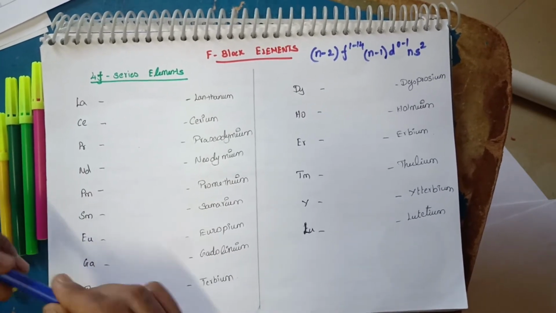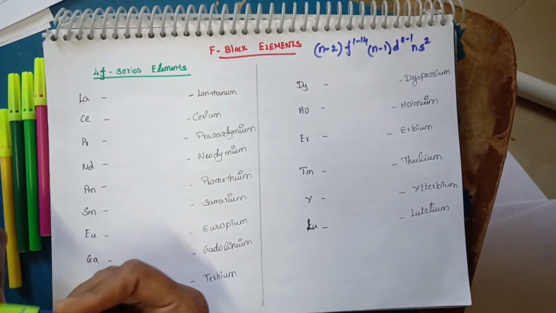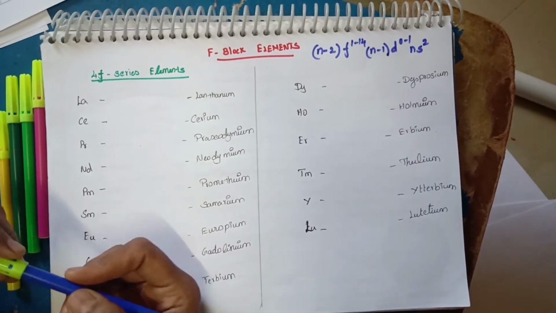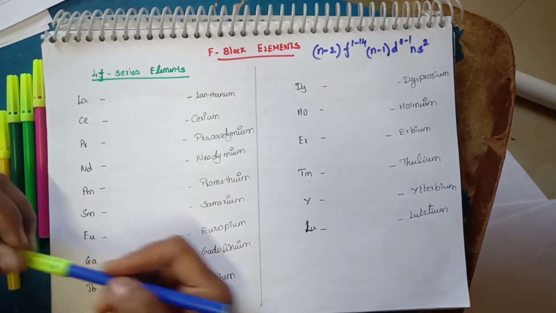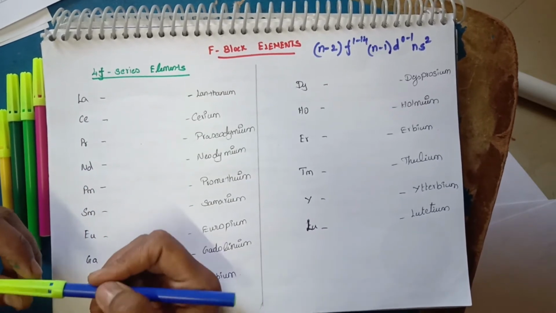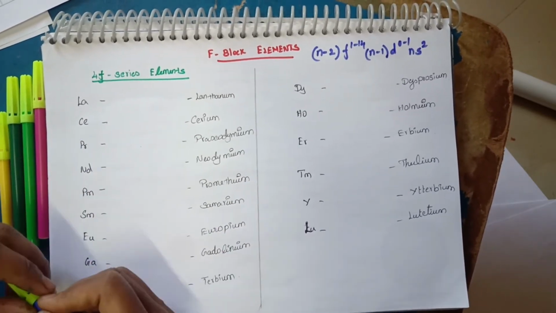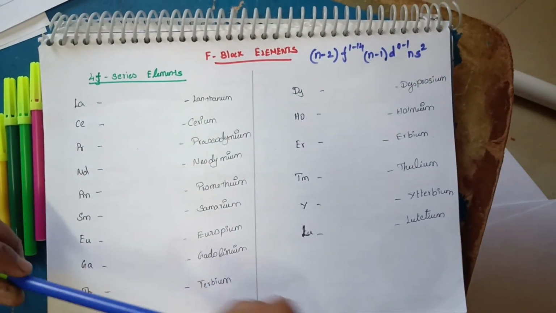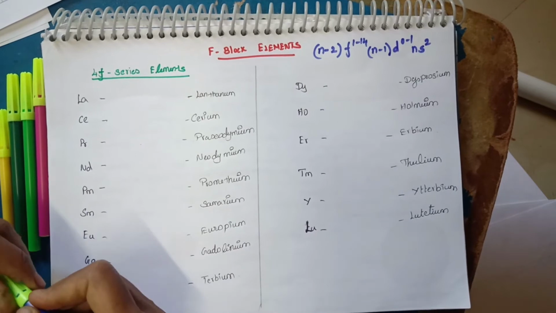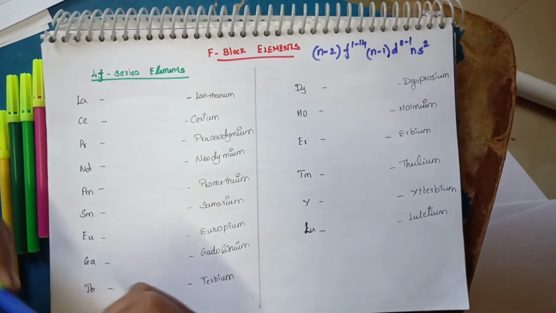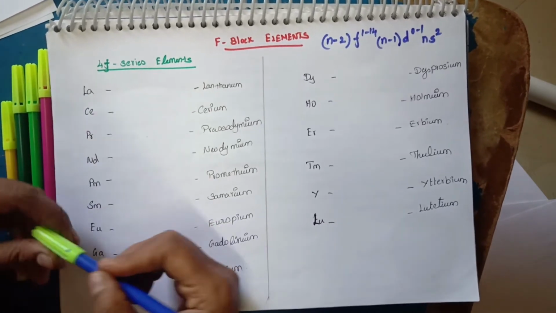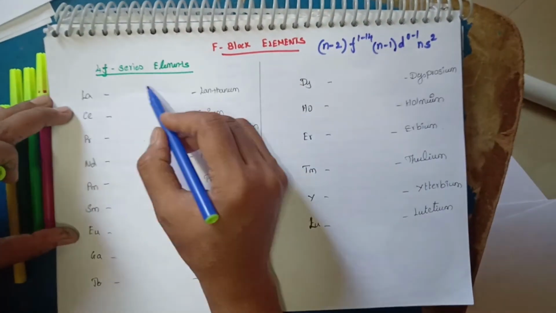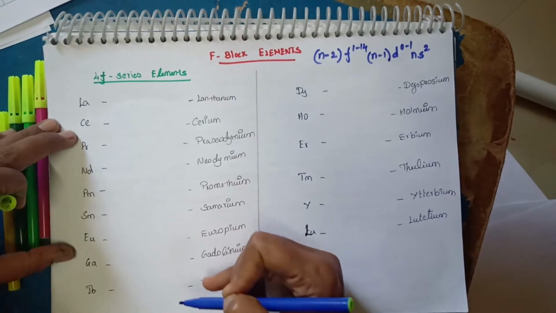Sometimes they will ask a question to find the electronic configuration of the lanthanide group elements. They will always give you the atomic number, and you have to write the electronic configuration. So that separate video will be useful for you. Now let's see how to read the 4f series elements properly.